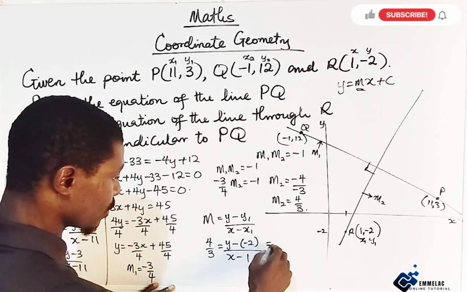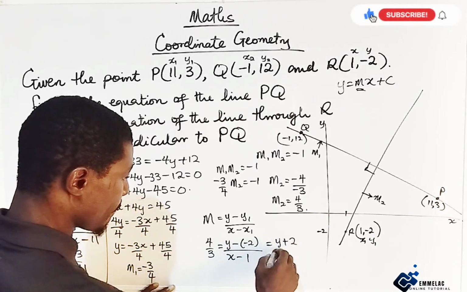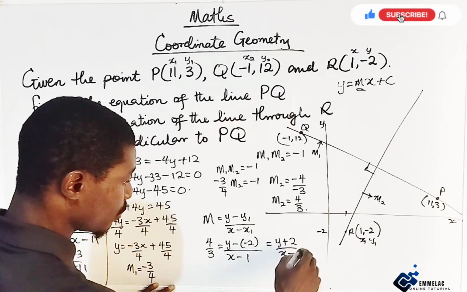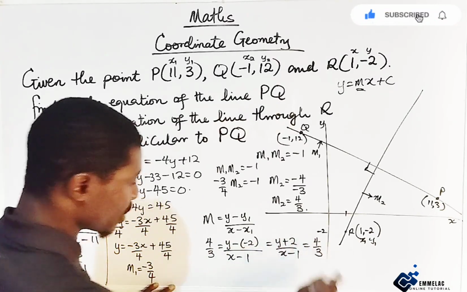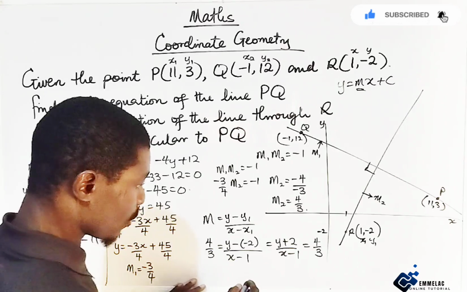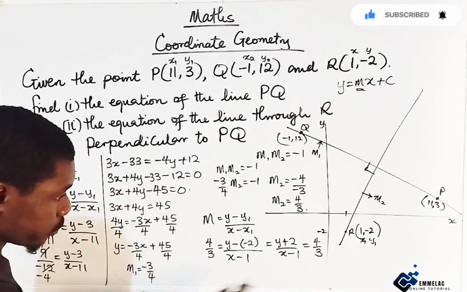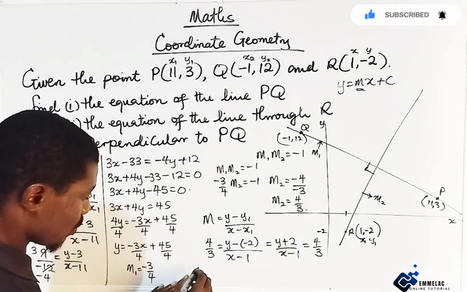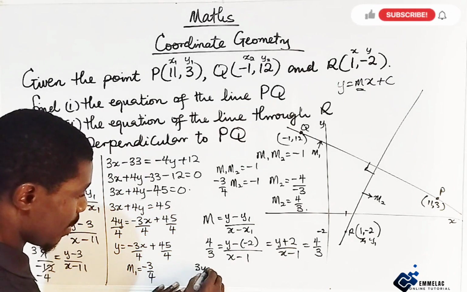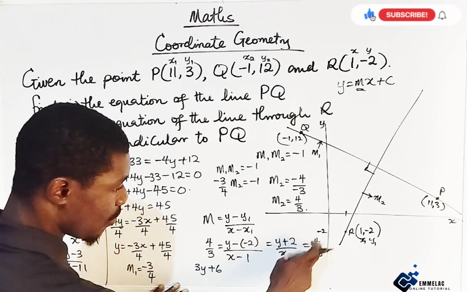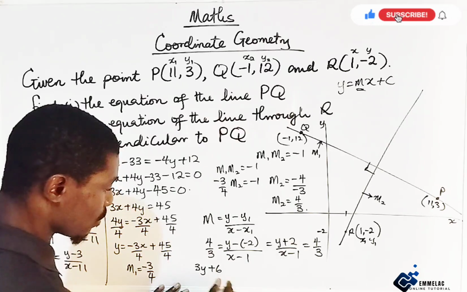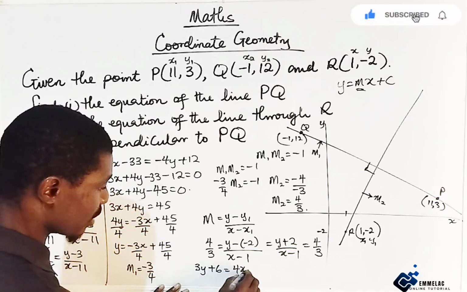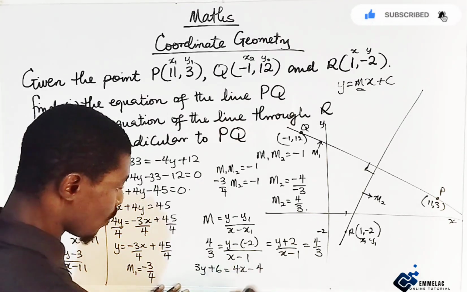This will give us y plus 2 all over x minus 1, which equals 4 all over 3. Now when we cross multiply, we end up having 3 multiplied through by this, we have 3y plus 6, then 4 multiplied through by x minus 1 will give us 4x minus 4.